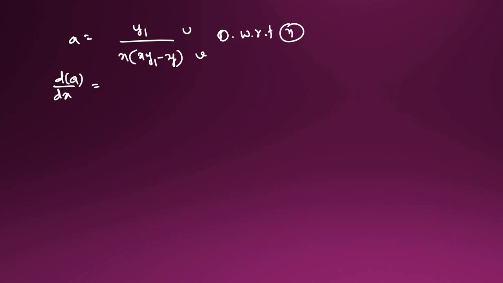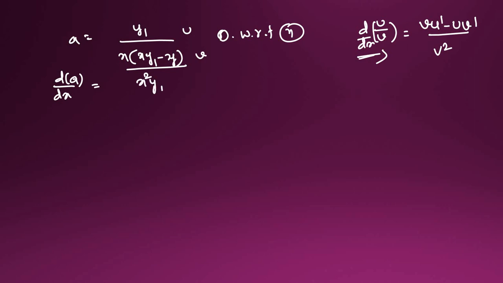What is the u by v form? v u dash minus u v dash divided by v square we have to take. So what is v here? This one, x square y1 minus xy, into u dash. U dash is equal to y2 will come here. Already y1 is there, so y2 will come.